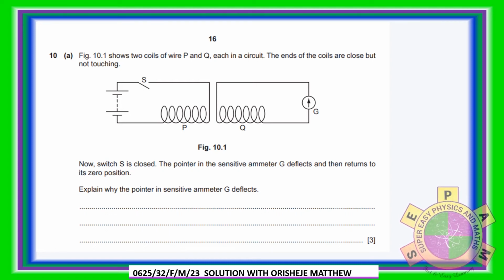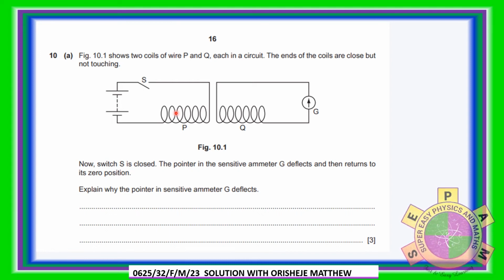Now, switch S is closed. So if I close this switch, then current is going to flow in this coil P. And when current flows, because it's a solenoid, it's going to produce an electromagnetic field.